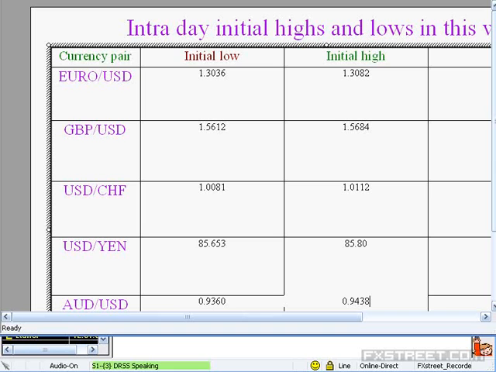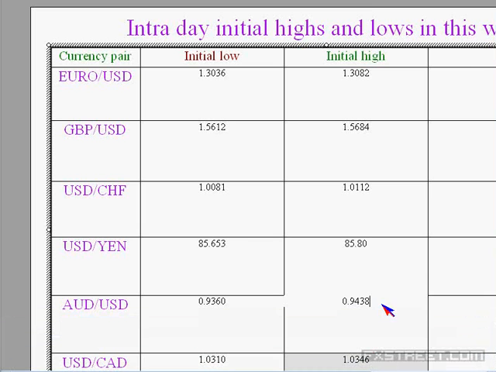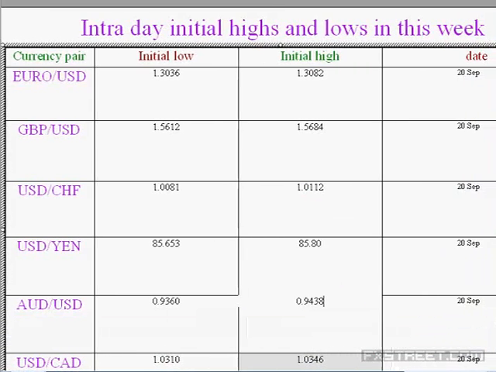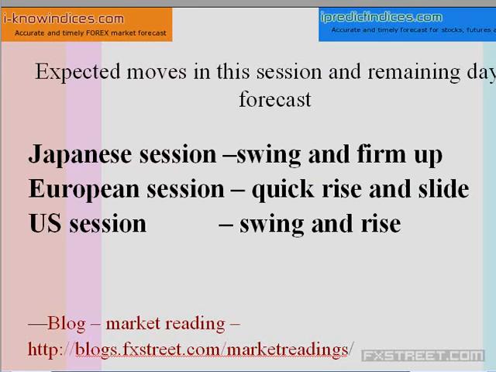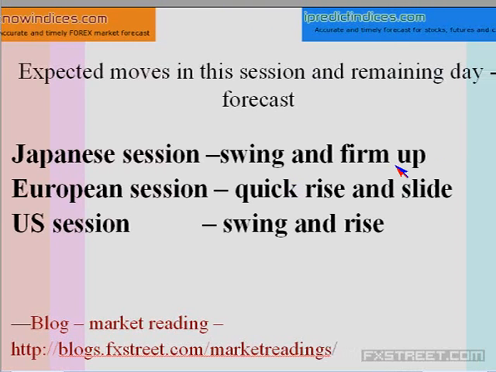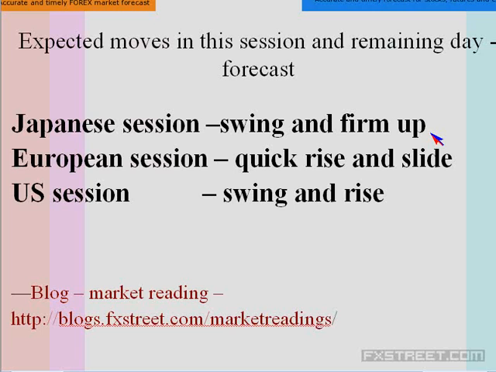So let me display the expected market moves. Swing and firm up moves are expected during the Japanese session. So they are holding high and they could firm up further. Probably there could be some correction. They could make around 6 GMT. Watch it.